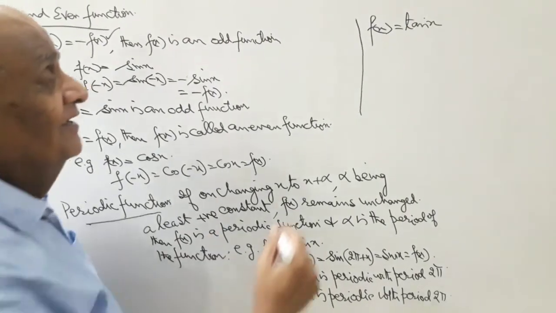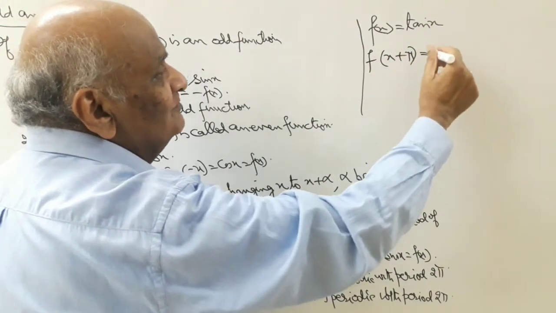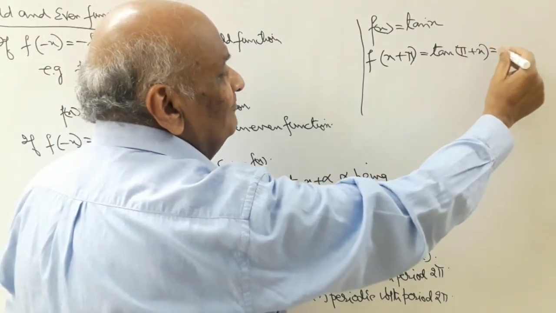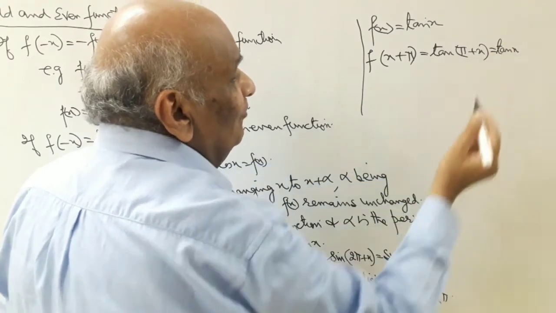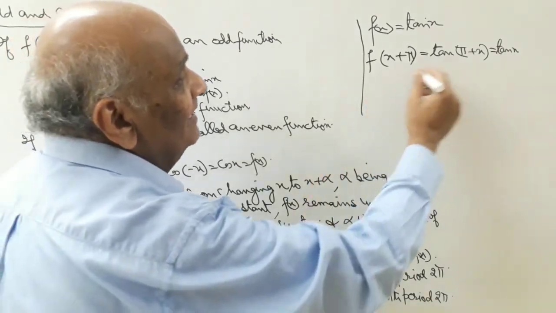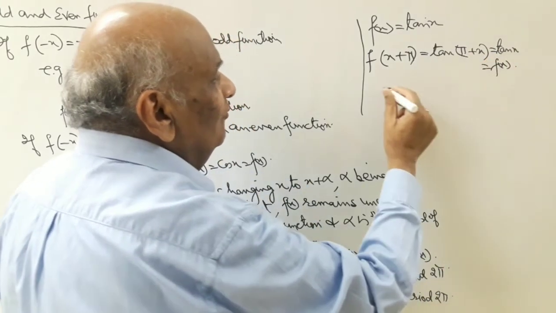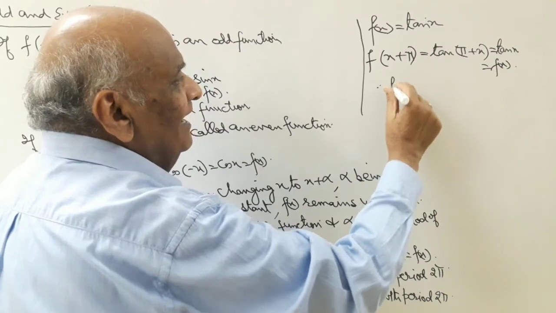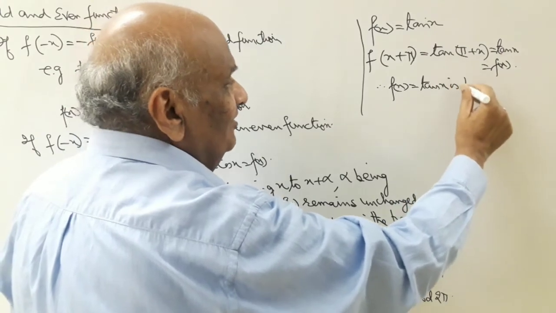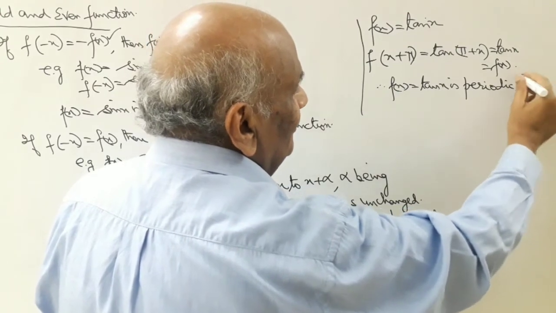But before that, if I increase by pi, because I want the least positive, so f of x plus pi is tangent of pi plus x, tangent of 180 plus theta, tan x. Before 2 pi, we have pi. I want the least positive constant, therefore f of x plus pi is tangent of pi plus x is equal to fx. Therefore, fx is equal to tangent x is periodic with the period pi.